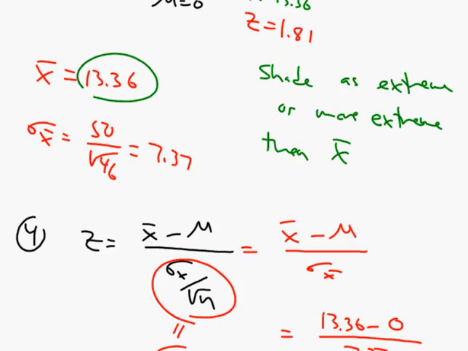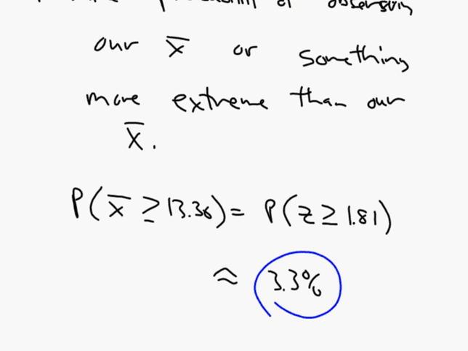Okay, so now let's make a statement. We need to explain what this probability means. Okay? What this is saying is that the probability of observing an x bar of 13.36 or larger when the true mean difference between the second score and the first score is 0 is 3.3%. So this 3.3% is really a very small number, okay?